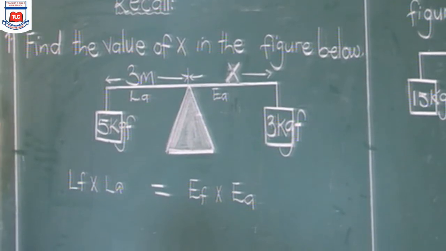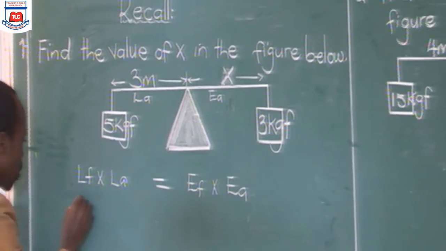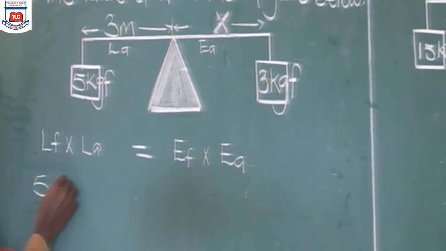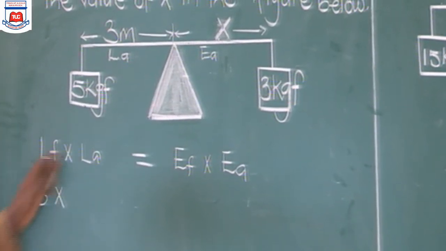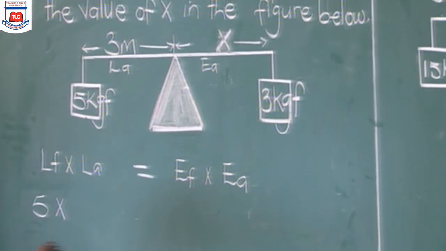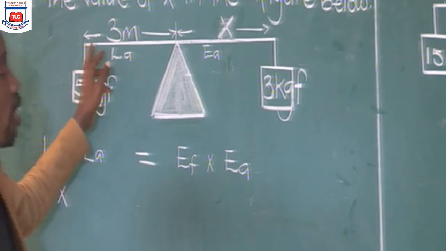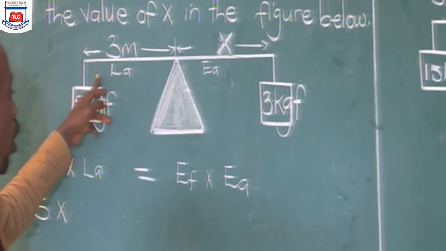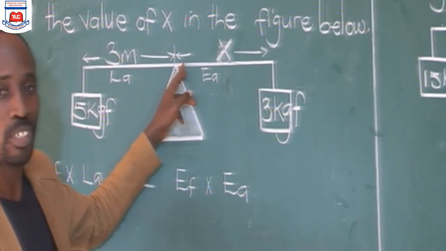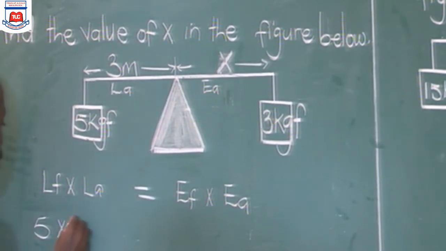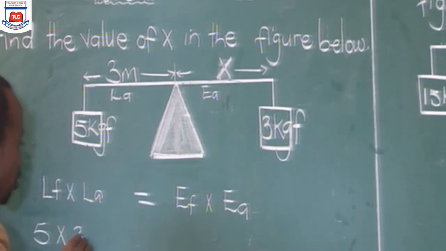We can eliminate the units at this time. 5, we shall multiply it by the load arm, which is 3 meters. The load arm is the distance of the load from the pivot. So that distance is 3 meters. We shall multiply it by 3.